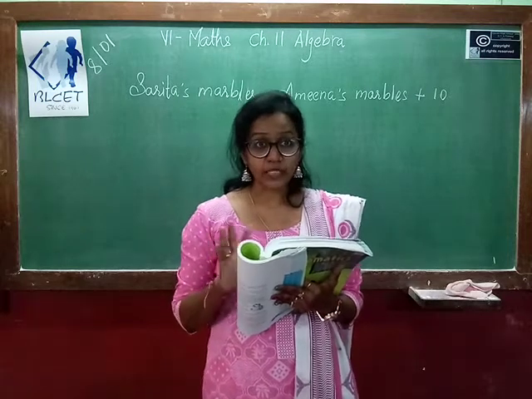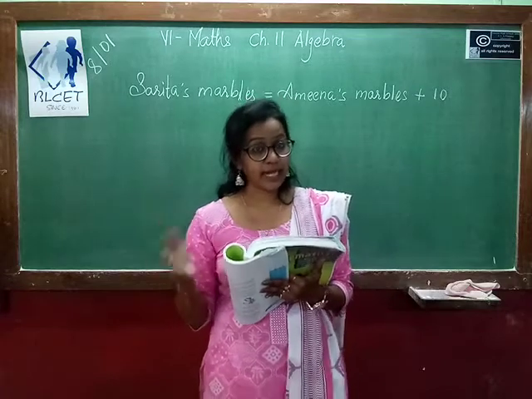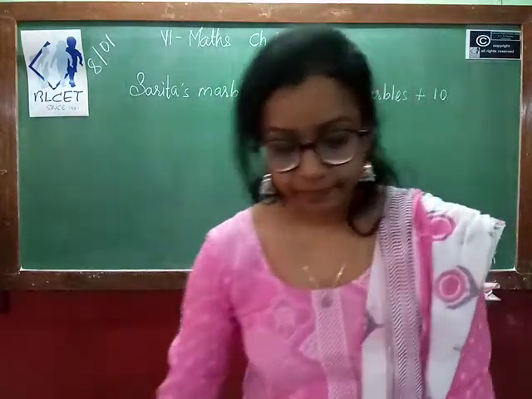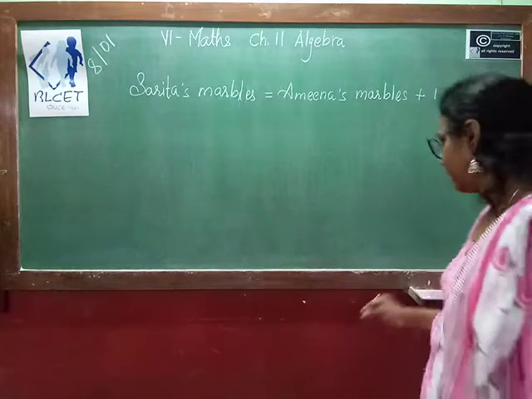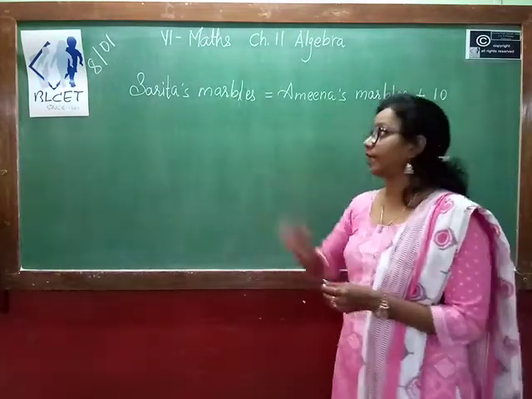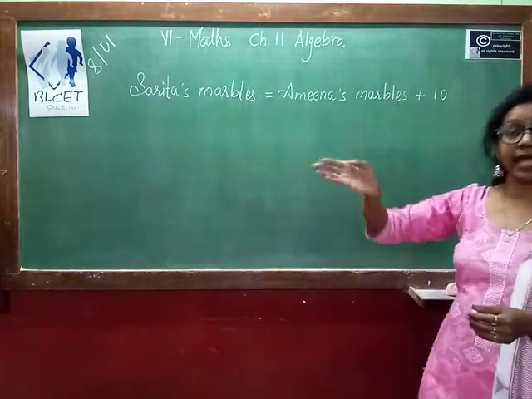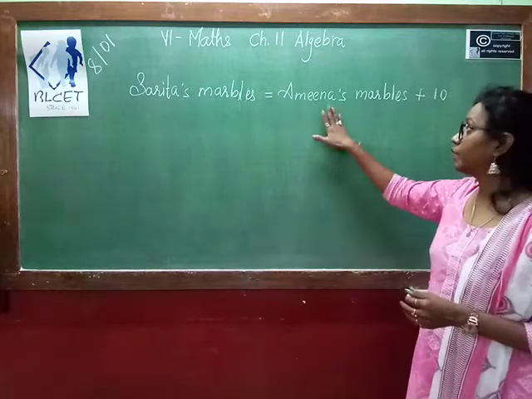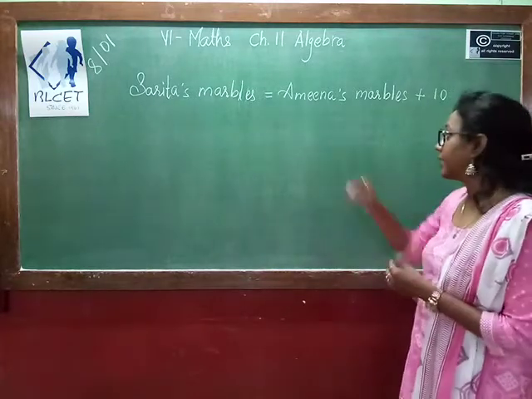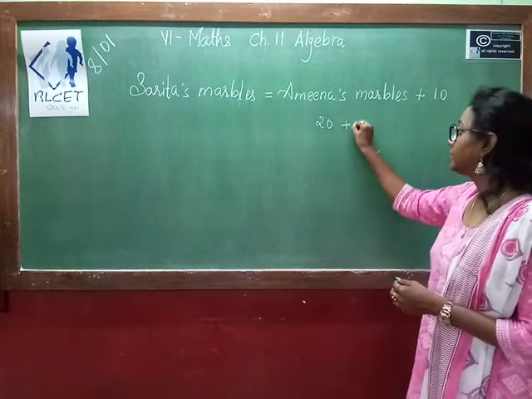If Amina has 20 marbles, you can guess how many marbles Sarita has? We can generalize the formula: whatever marbles Sarita has, that is 10 more compared to Amina's marbles. Suppose Amina has 20 marbles.